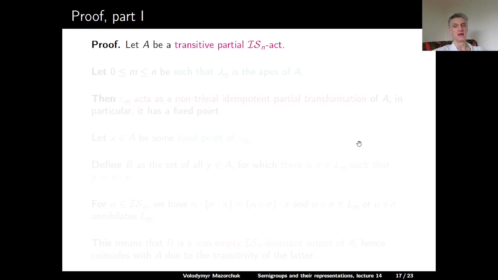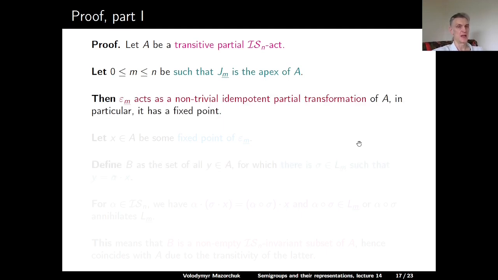Proof. Let A be a transitive partial ISN act. Then this act has an apex. This apex is a J-class, and J-classes are indexed by non-negative integers between 0 and n. So assume that the apex of A is the J-class which contains the idempotent epsilon m underlined, where m is an integer between 0 and n.